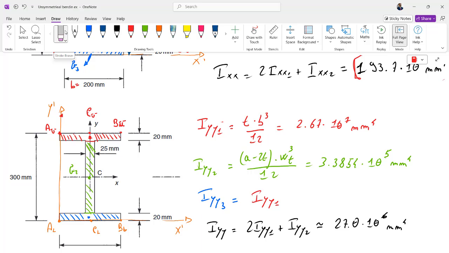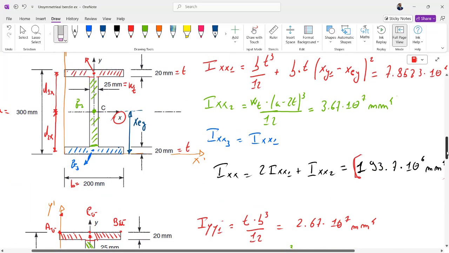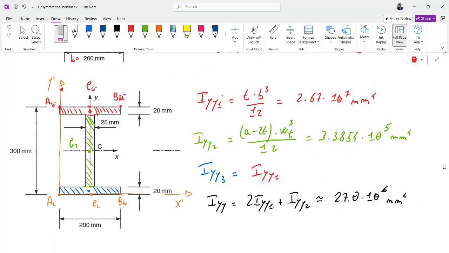So we have Iyy1 for the first rectangular shape, that is this thing: t, the thickness of the upper flange, times b, the length of the upper flange, to the third power, divided by 12. In the same manner as for Ixx2, we can do the same thing, but with a switch between the height and base of the second rectangular shape, and we have this moment of inertia Iyy2.